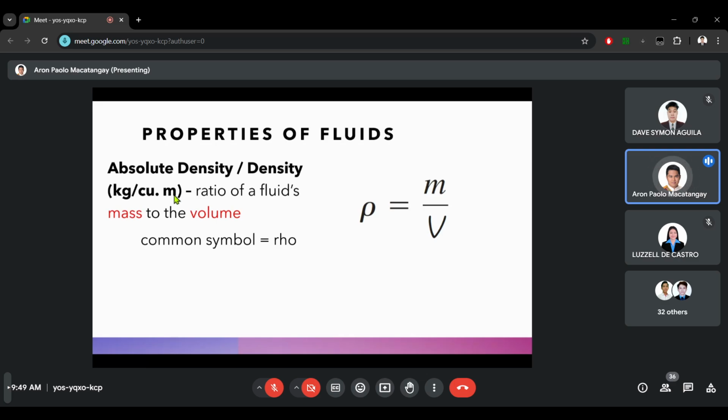So in the English units, this can be pounds per cubic feet, pounds per cubic inches, or other forms. Or even mixed units, so you practice your conversion of units. Right? The common symbol would be rho, the Greek letter rho, usually used for density.